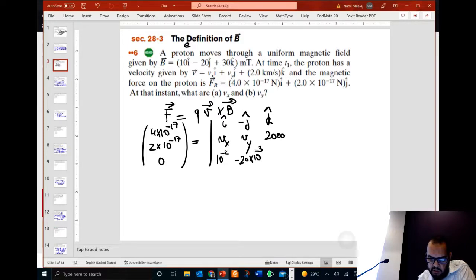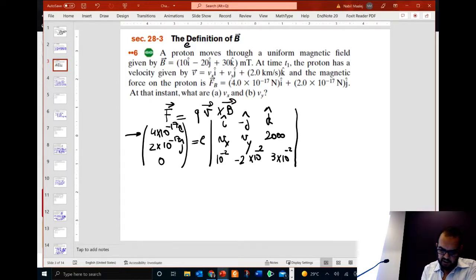Actually, let me write it as minus 2 × 10^-2, and 3 × 10^-2. Okay, and we have to put E, the charge of the proton. So this is i, j here. All right, so let's evaluate this matrix.